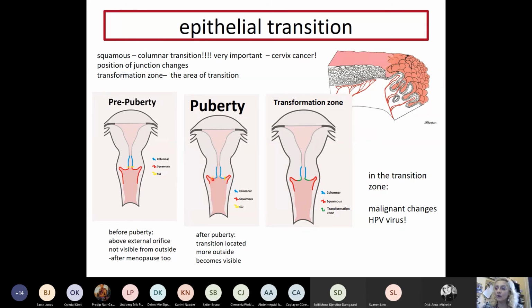It goes more outside the columnar zone. This transition is located more outside, becomes visible macroscopically, and this junctional zone is really sensitive to virus infection, and this virus is the one responsible for the malignant transformation that we see in cervical cancer.